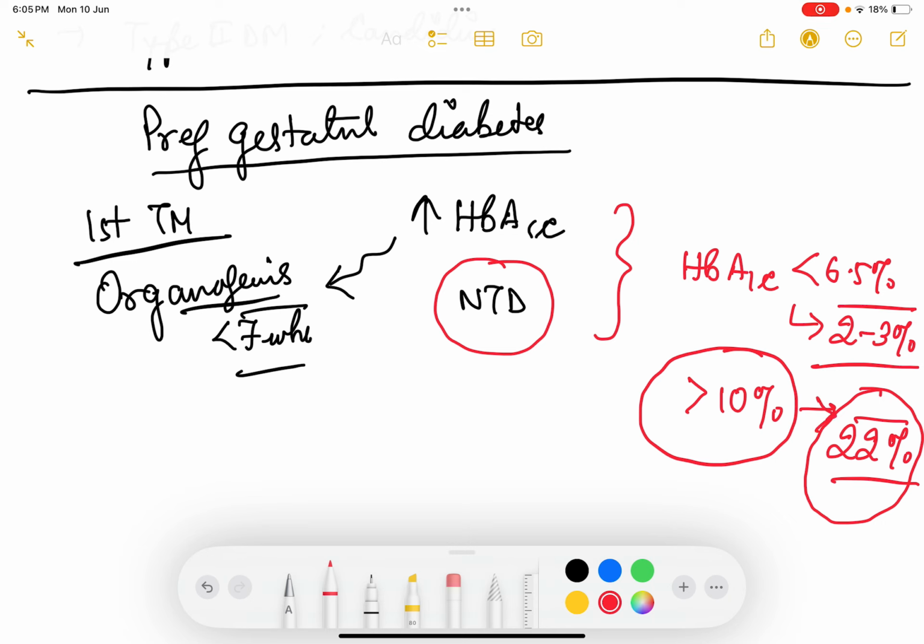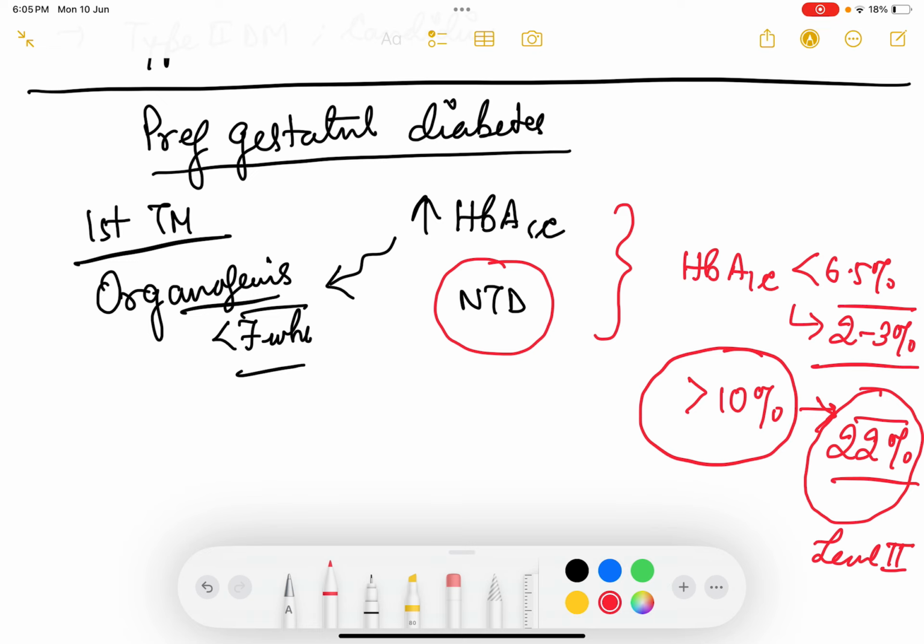But if the patient is not willing for medical termination of pregnancy, then you have to explain that we will go for aneuploidy screening and level 2 ultrasound and we will try to look for congenital malformations, basically neural tube defects in the babies. Okay.